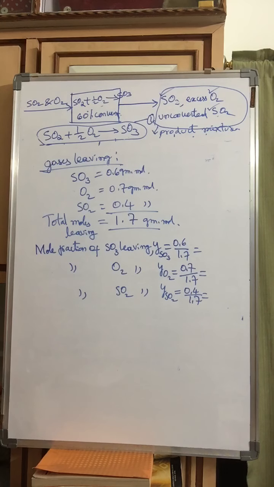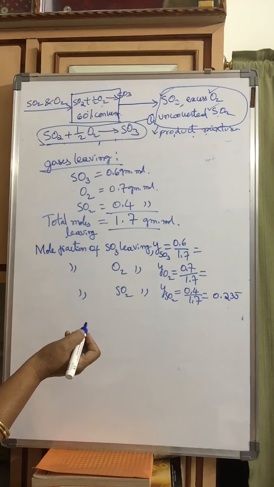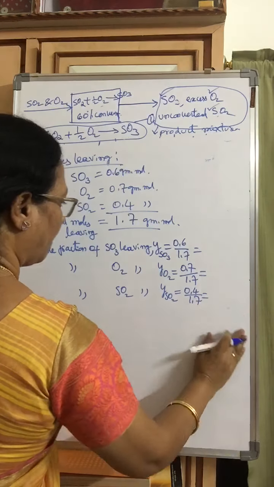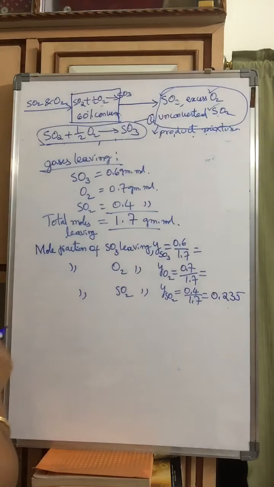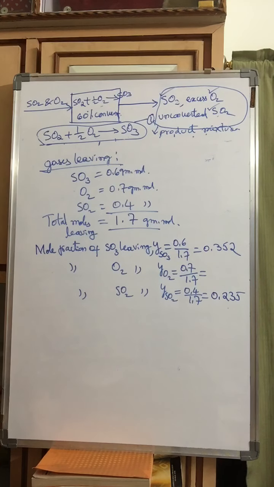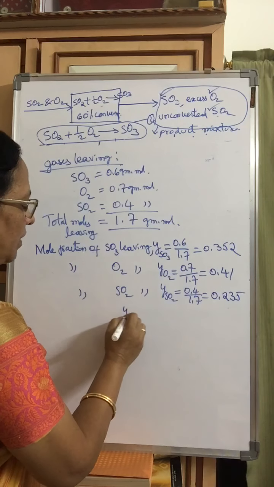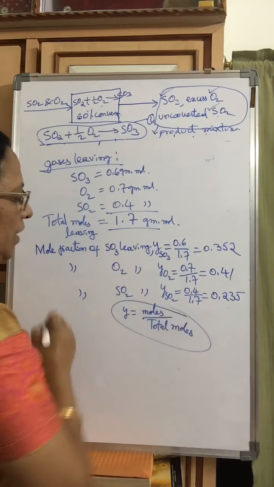So the mole fractions: SO2 is 0.235, SO3 is 0.352, and oxygen is 0.41. Thus mole fraction Y equals moles by total moles.